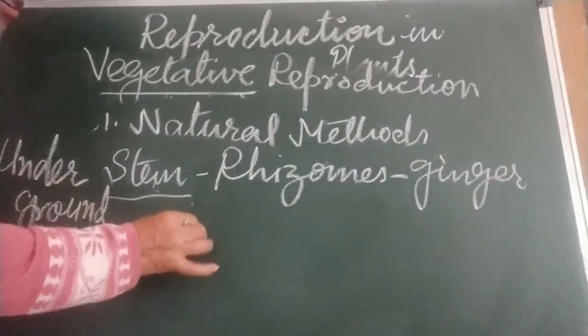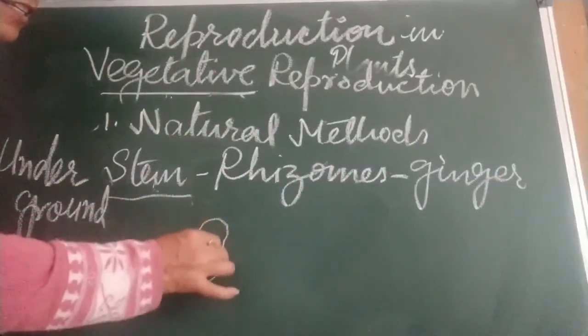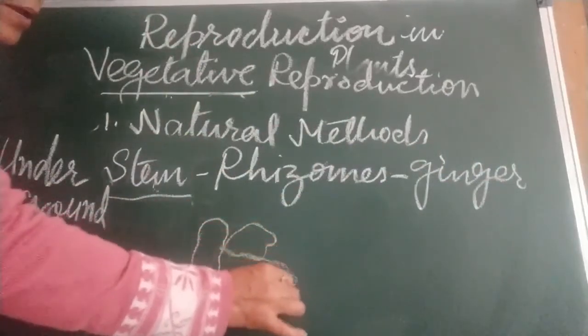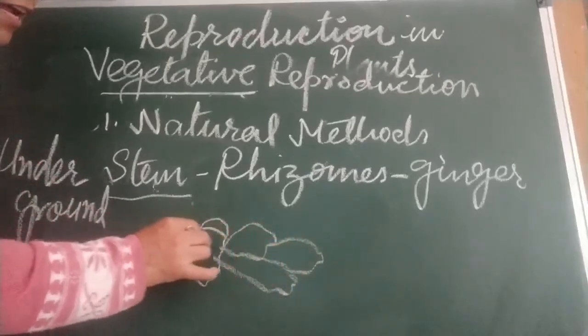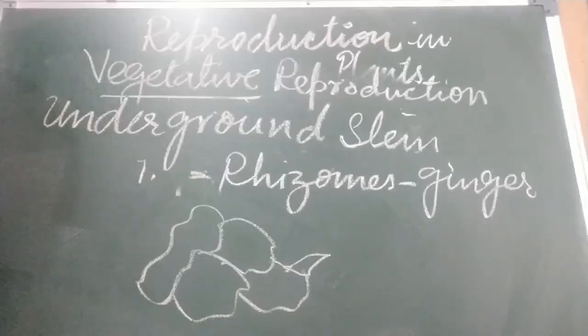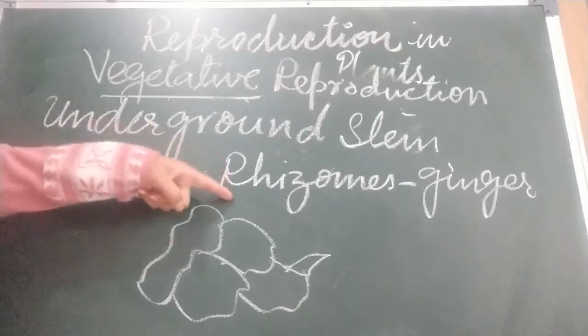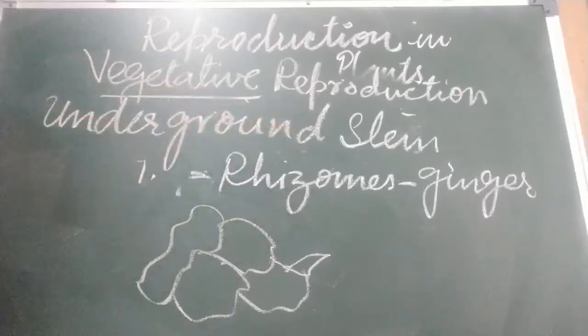In ginger, children, all you must have seen, this is irregular in shape. But you have seen one thing, the lines. The different types of underground stems are rhizomes, bulbs, tubers and corms. First we are going to discuss rhizomes, and example of rhizomes is ginger.